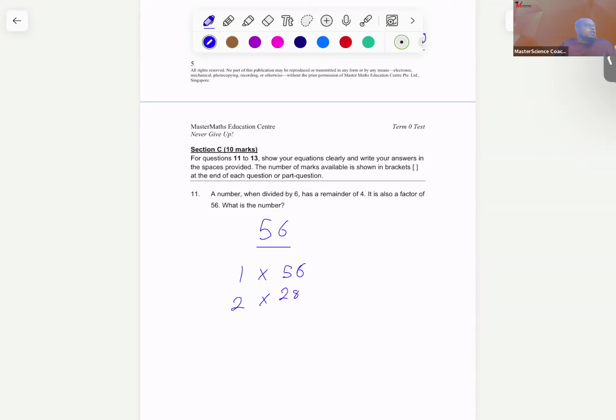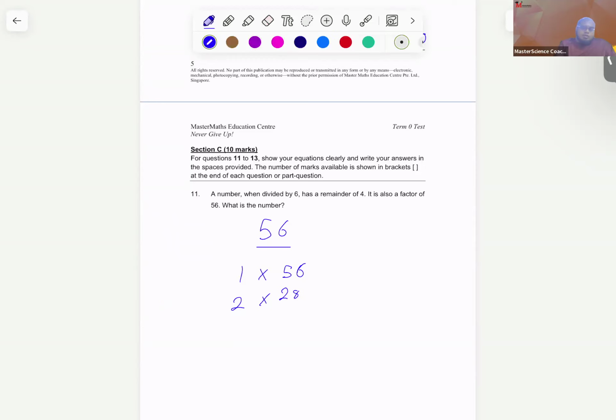Is there a 3? If you try to divide, is there a 3? Don't have. See, 56, I divide by 3. I get 1, minus 3. I get 2, bring down 6. 26 divided by 3 is 8. I minus 24. That's a remainder. So cannot. Now, this is where it actually gets faster.